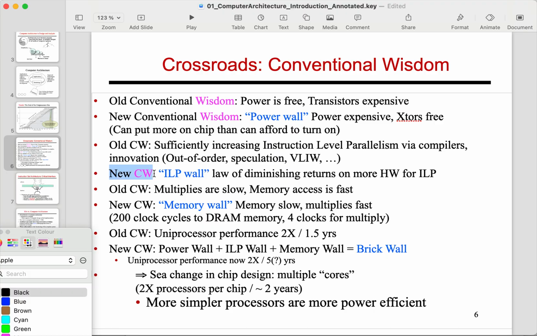So we have some new conventional wisdoms and old conventional wisdoms. For example, multipliers are slow, memory access is fast. When we are designing new technologies, we need to keep this kind of wisdom in mind and take it into consideration for our new technology design.